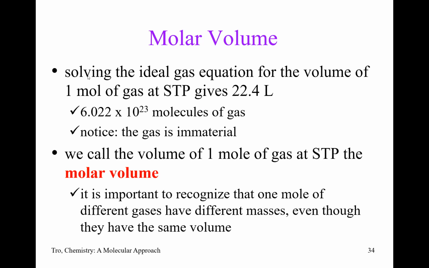So this is just what I was saying there. If you solve the ideal gas equation, the ideal gas law at STP, and you just put in 1 mole, it always equals this 22.4. So what they noticed and why there is an ideal gas law is that it doesn't matter what gas is in there, which gas you use, it doesn't matter.